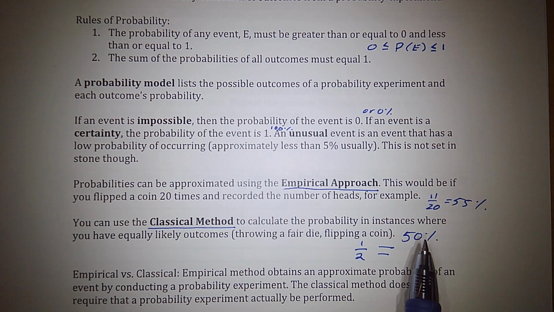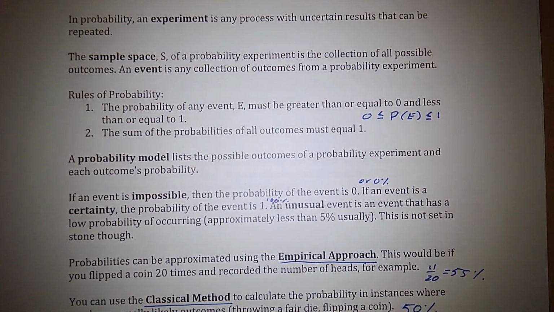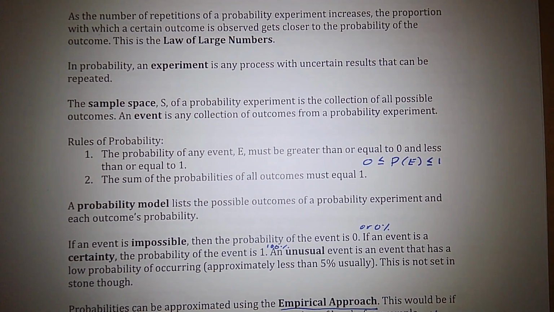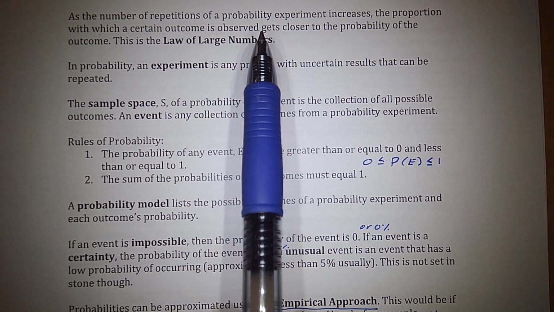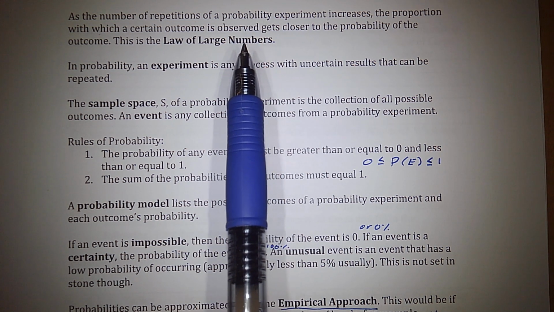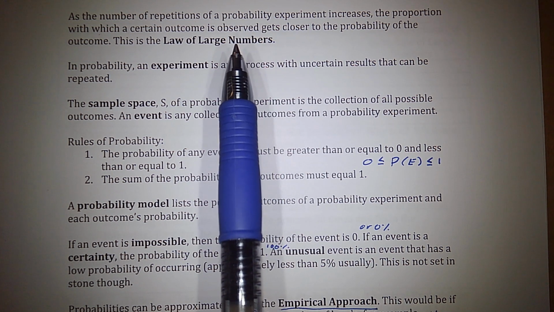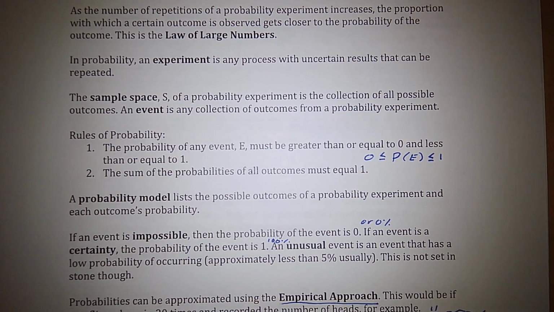And that's where the law of large numbers comes in. The law of large numbers says that as the number of repetitions of a probability experiment increase, then the proportion in which a certain outcome is observed gets closer and closer to the actual outcome.